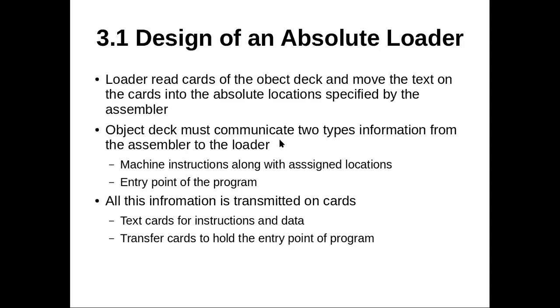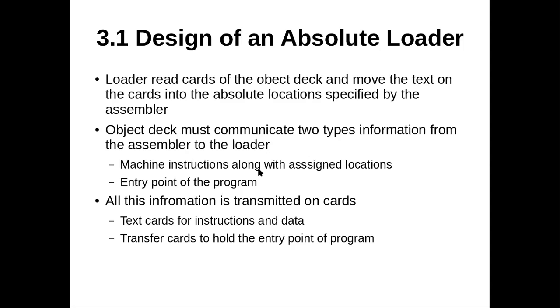Okay, so whenever the absolute loader is loading the object deck into the core memory, the object deck has to convey two types of information to the loader. The object deck must communicate two types of information from the assembler to the loader.